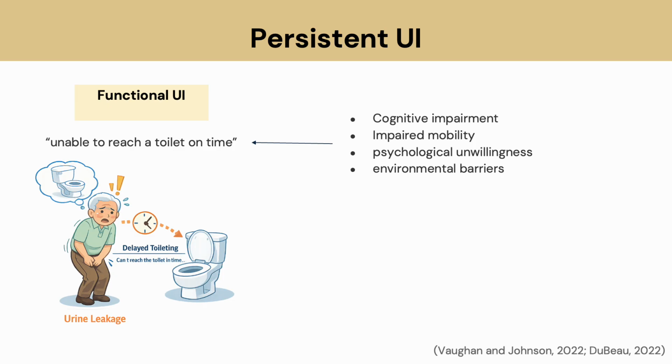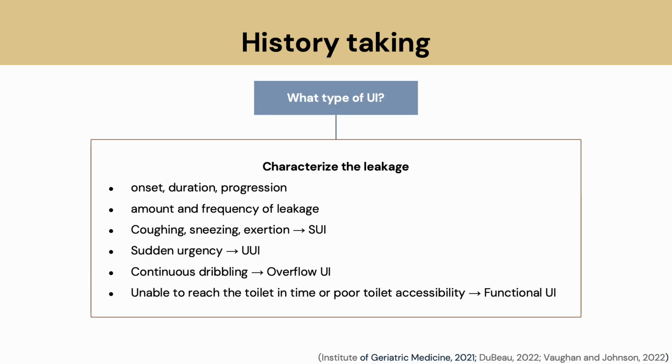This is an important subtype to recognize because the management is usually non-pharmacological. Instead of prescribing medication, interventions such as improving the environment, providing a bedside commode, optimizing mobility, or implementing a scheduled toileting program are often much more effective.